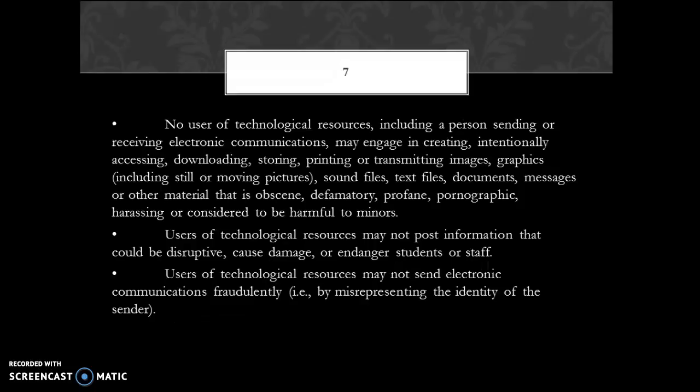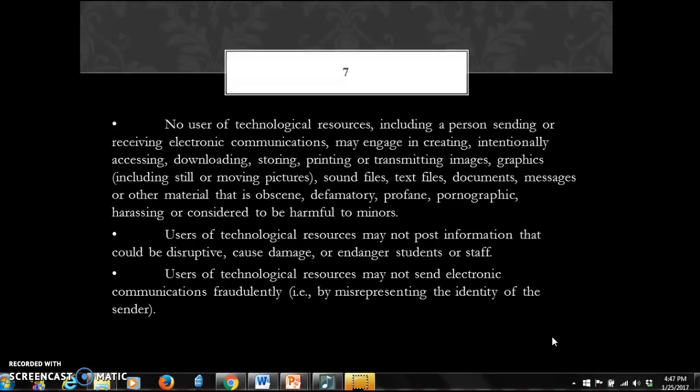No user of technological resources, including a person sending or receiving electronic communications, may engage in creating, intentionally accessing, downloading, storing, printing, or transmitting images, graphics, including still or moving pictures, sound files, text files, documents, or messages that are harassing or considered to be harmful to minors.